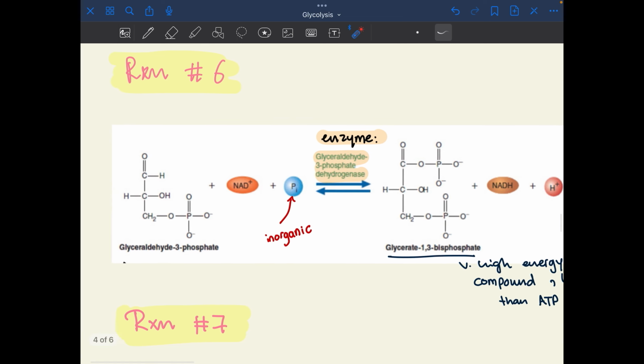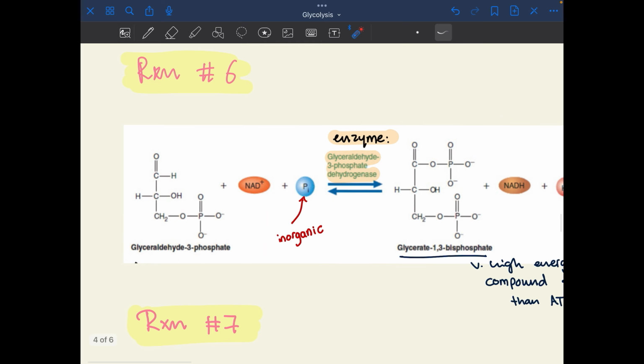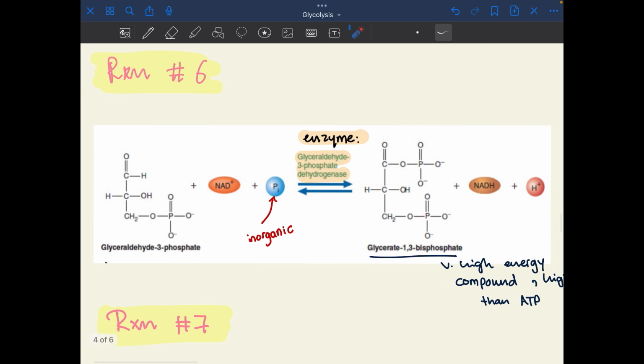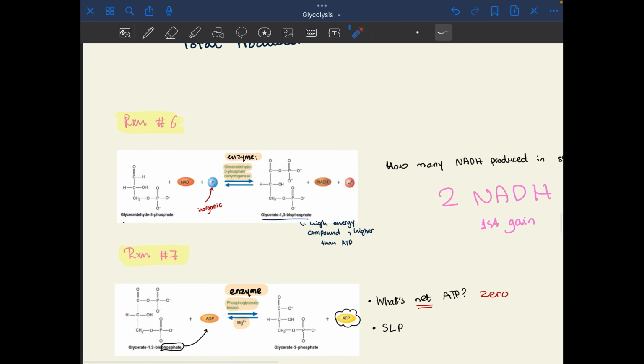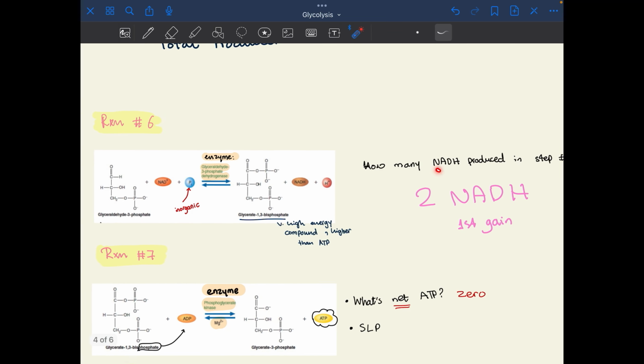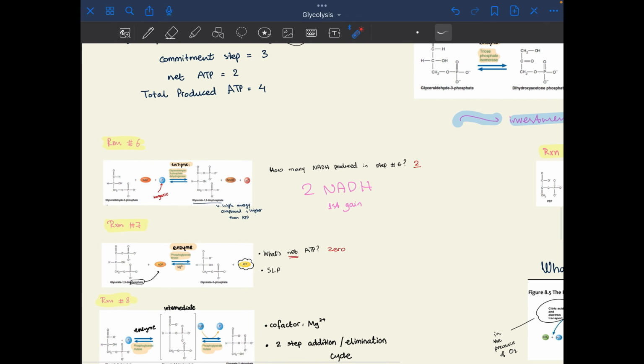We have glyceraldehyde 3-phosphate, and we will give this molecule inorganic phosphate. We will lie to this molecule, we will say, come, get phosphate, and you will give us a hydrogen for the NAD, so we will get our NADH. So by the end, how many molecules of NADH will we have? 2 molecules. This is our first gain, but it's not substrate level phosphorylation.